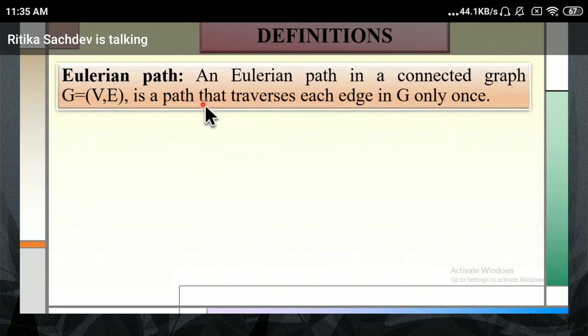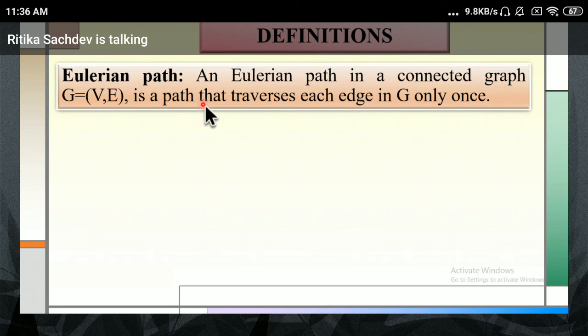In the path, you are going from one vertex to the other vertex and the edges should be distinct. But the Eulerian path says you start from the first vertex till the end vertex and you have to traverse all the edges of the graph only once.